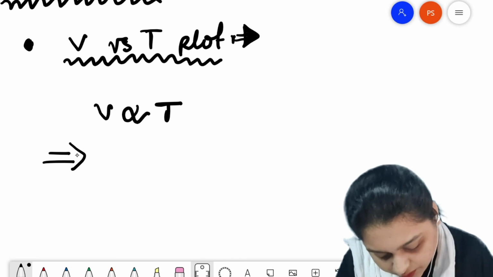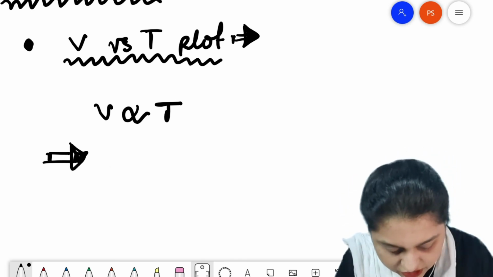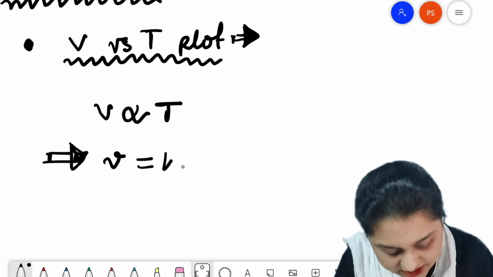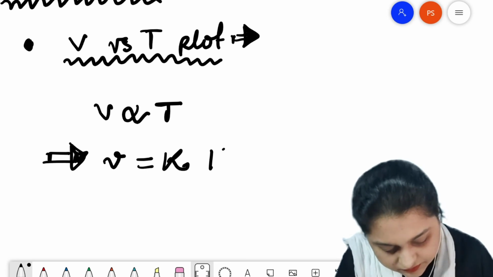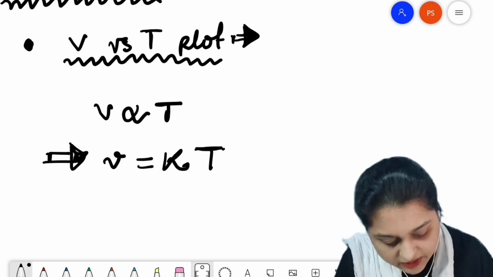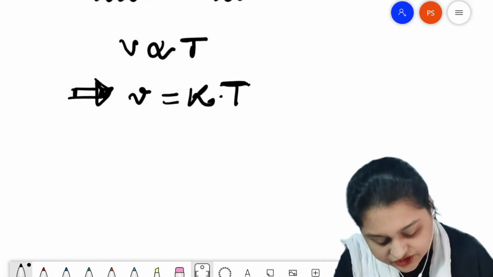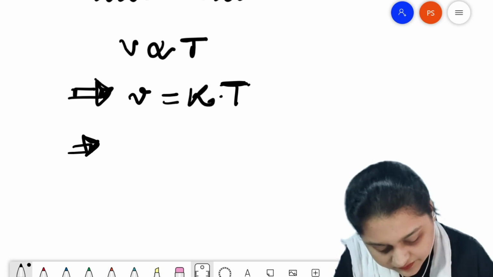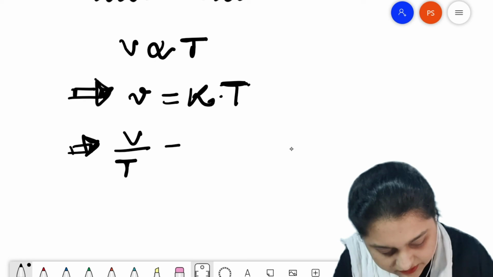To replace the proportionality sign with the equal sign, we need V equals proportionality constant K multiplied by T, and thus we get the expression V by T equals K, that is constant.